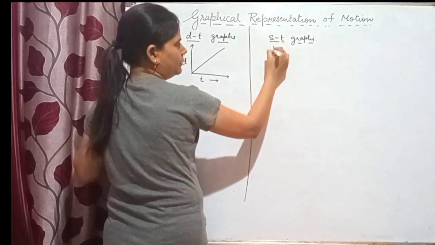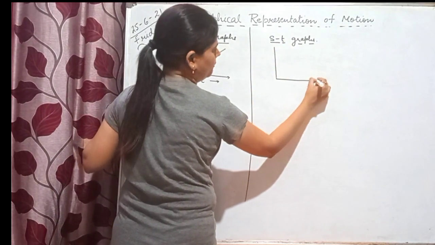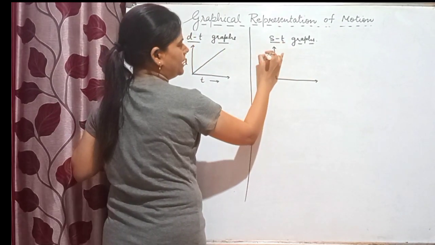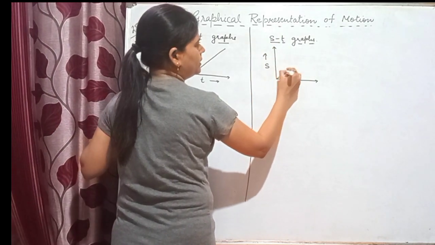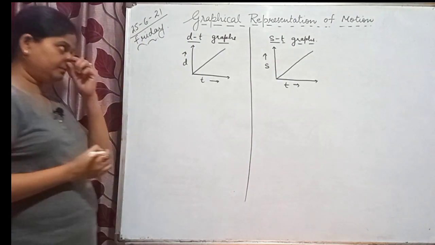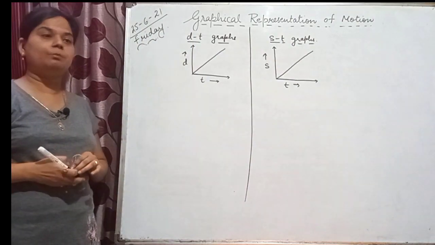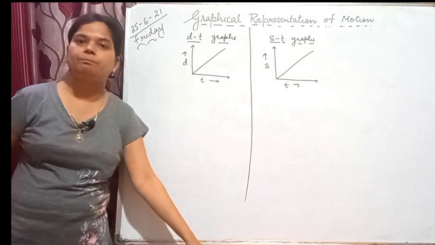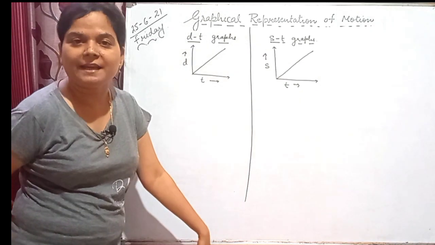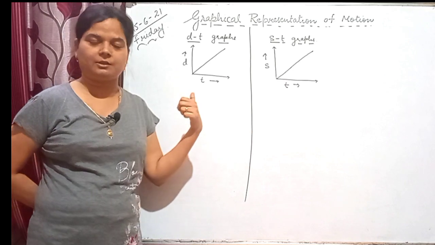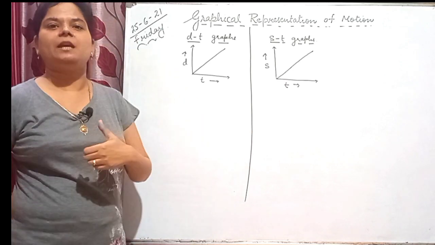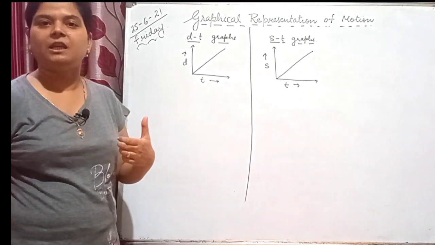Similarly, for a speed time graph, suppose this is speed and this is time, and the same graph going up, right? Now you can see that both the graphs are looking the same, but if we analyze them on the basis of the way of reading graphs that we have just discussed before this, then we will be able to know that they have different meanings.